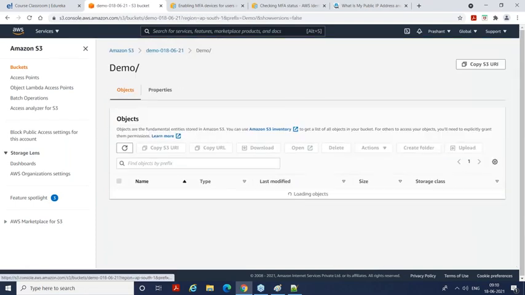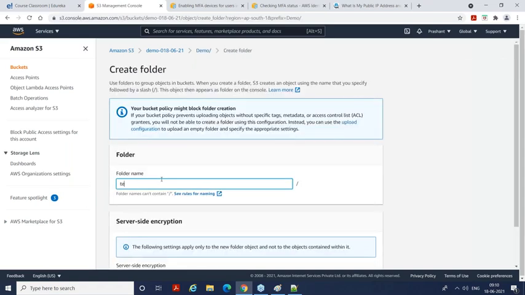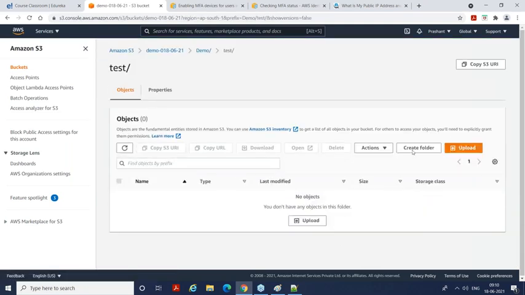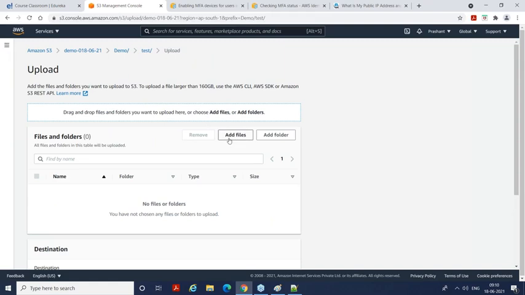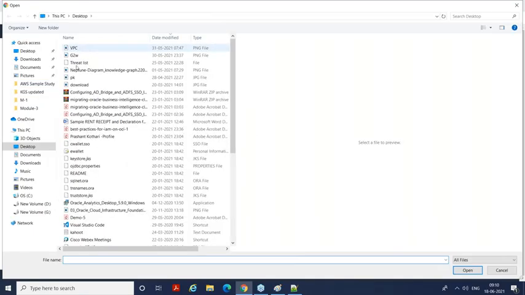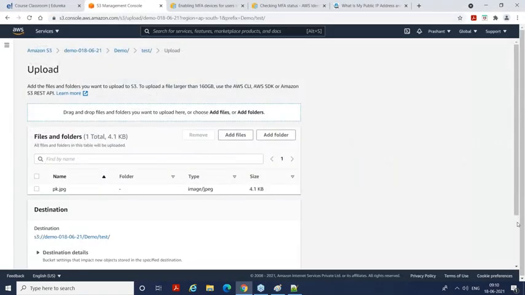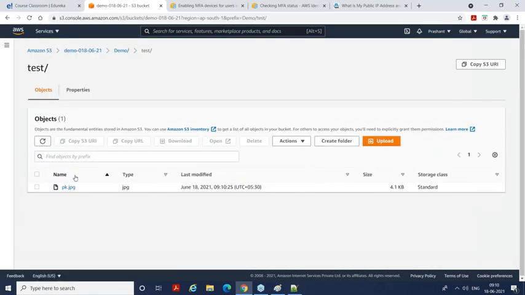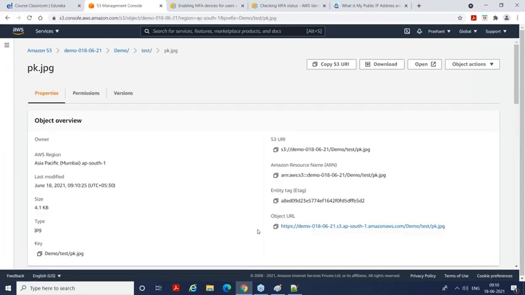Now within this folder, let's say I want to create one more folder, test, and in this folder I can add my object. Now if you look into this object, you notice it has a directory kind of approach: bucket name, demo, test, PK. Are we clear?